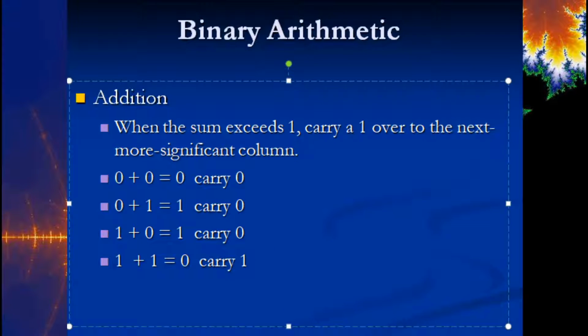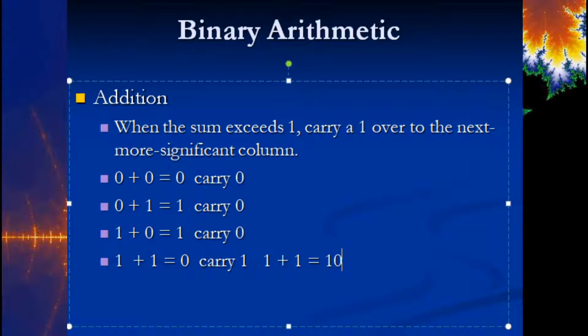So if you're saying 1 plus 1, then you're saying 1 plus 1 equals 2, right? If we're talking about binary. So you can see here, 1 plus 1 is 0 in this first column, and then you carry 1 to the next column. Right? So it's the same addition as decimal addition. It's just that you have to change over every time you get a 1 plus 1.